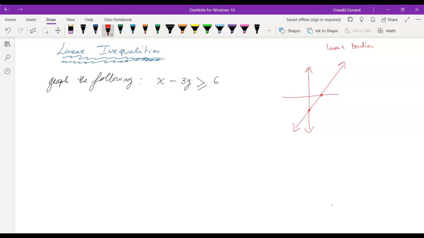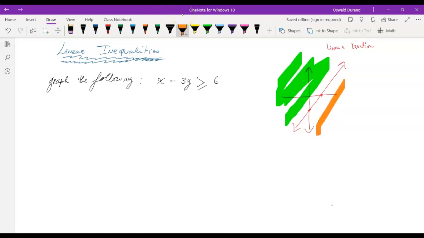So at some point, that's going to represent a line, but this is an area, either here or there, that's going to represent this linear inequality.